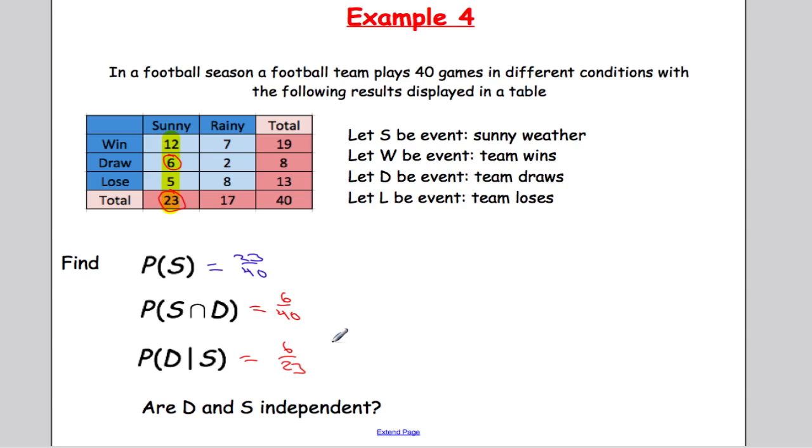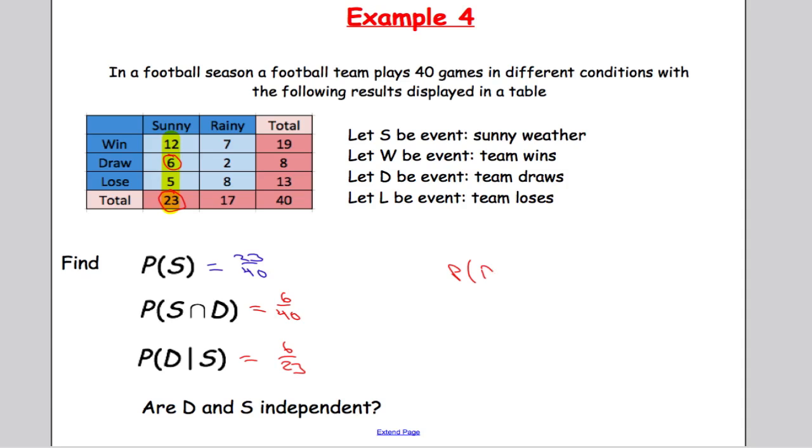There is another method to do this. See if you can work out how to do it. I'm going to save a little bit of time and just move on to the last part. So we want to know, are D and S independent? Well, the probability of D is 8 out of 40.